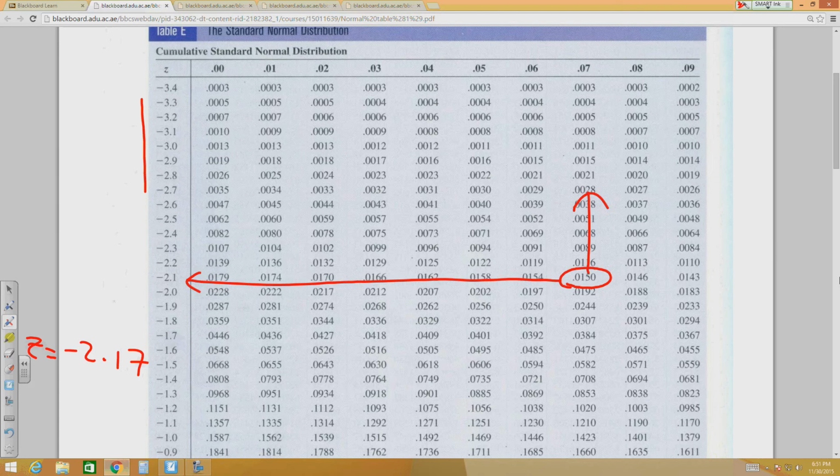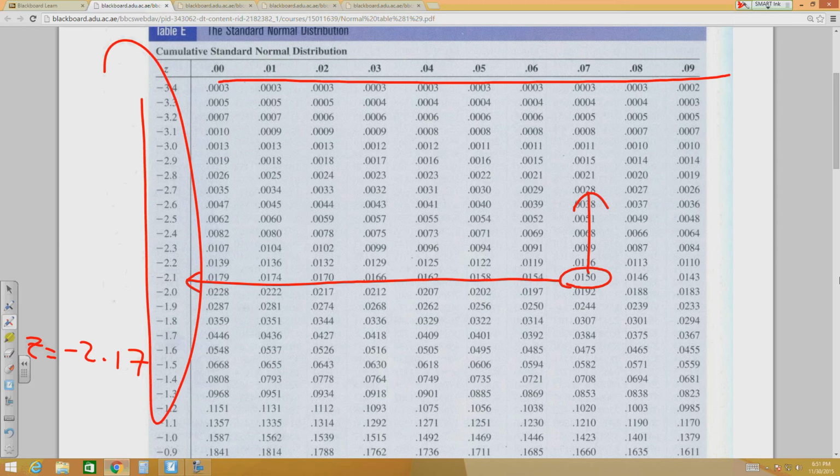Part of it is on the left here, the part I told you about earlier, but there's a higher precision part of Z here too. The first part is in the left column, and the last digit is the second decimal place, which is on the top row. So those are the two parts of Z. Okay? So starting from area, I got Z, so the answer is Z equal to minus 2.17. That's the answer to the question.